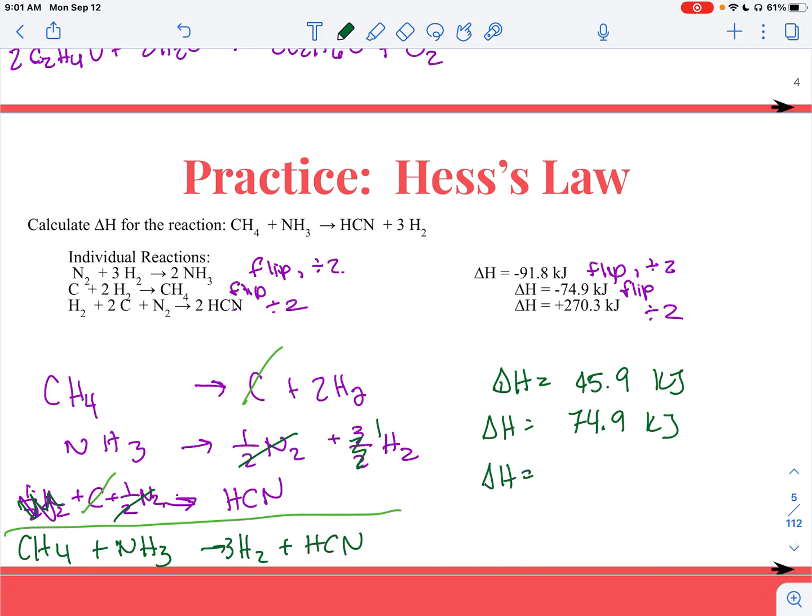And then the last one we just divide by 2, so 270 divided by 2. And then we go ahead and add them together. Okay, that's Hess's law. We will practice it in class as well.